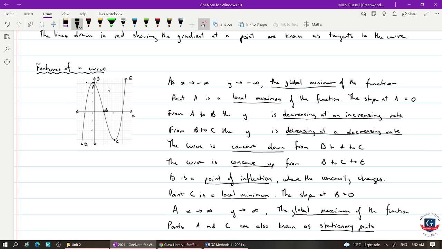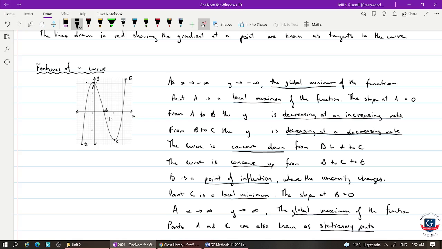From A to B, the slope is decreasing at an increasing rate. At A, the slope is 0, and as it continues along the function, the slope is getting steeper and steeper until it reaches point B. At point B, that changes.